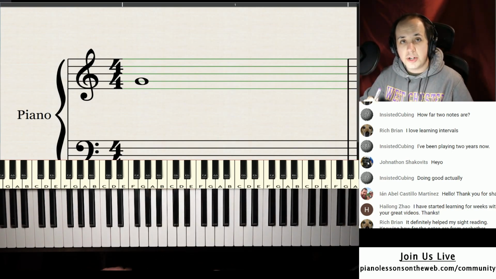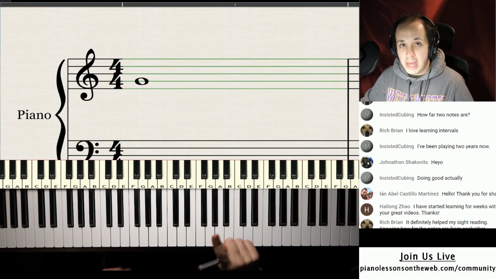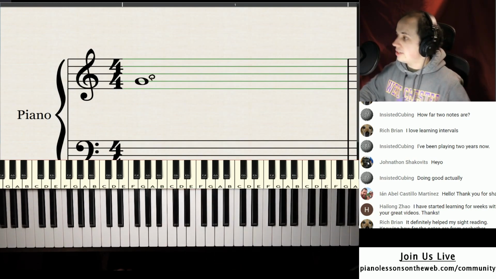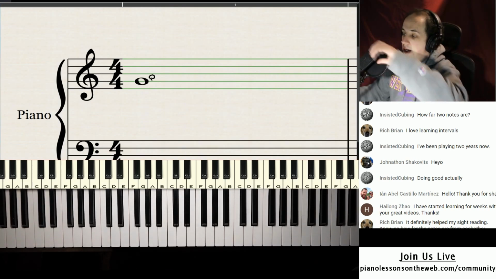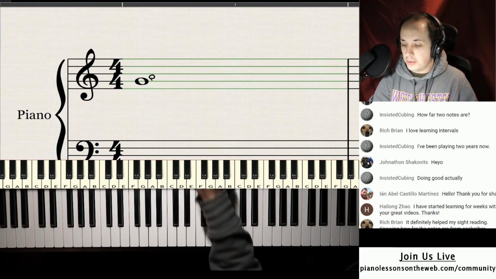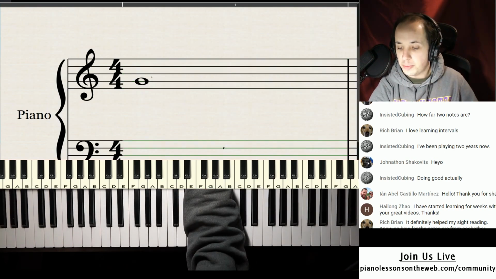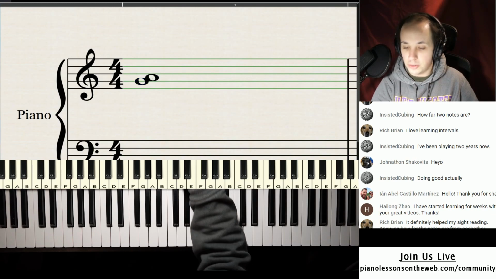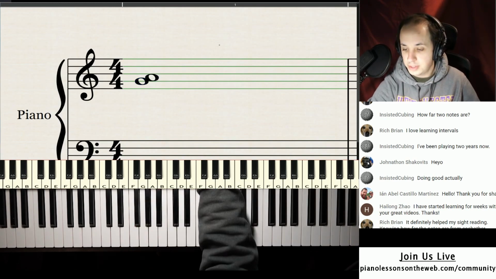Even number intervals don't match. And here's what I mean by that. You can spot an even number interval like a second, a fourth, a sixth, or something like that, right away based on this one thing. If the bottom note is a line, the top note has to be a space.